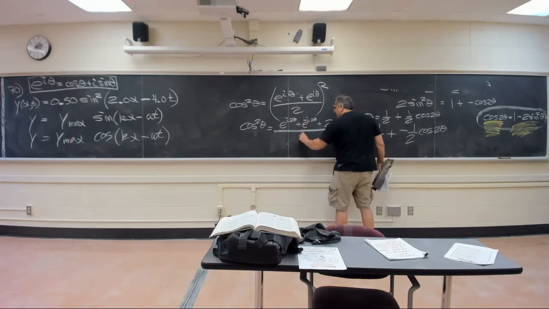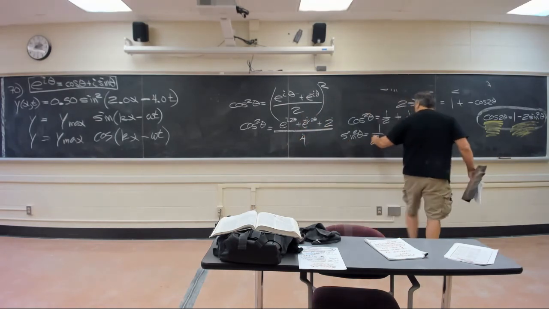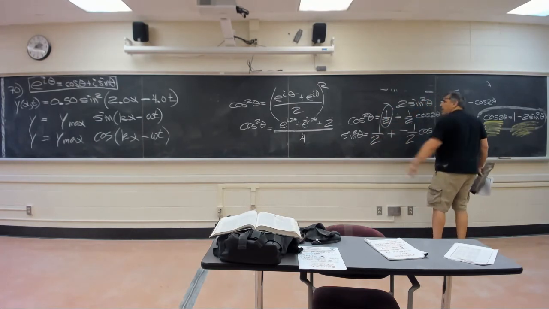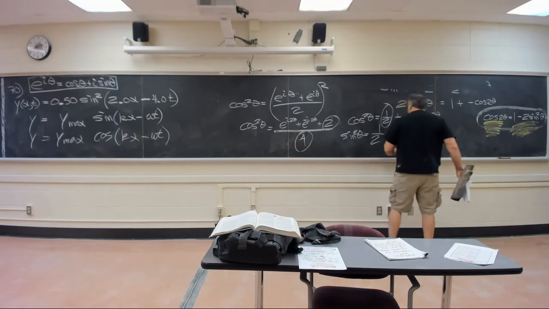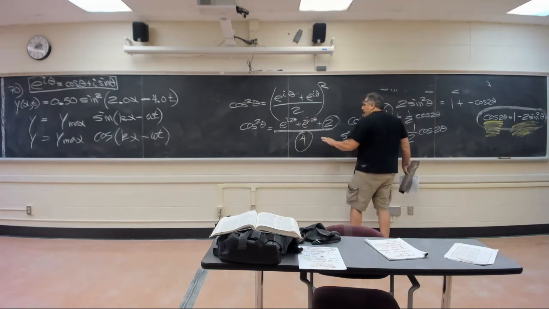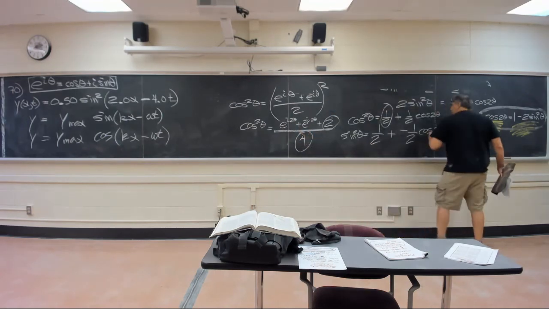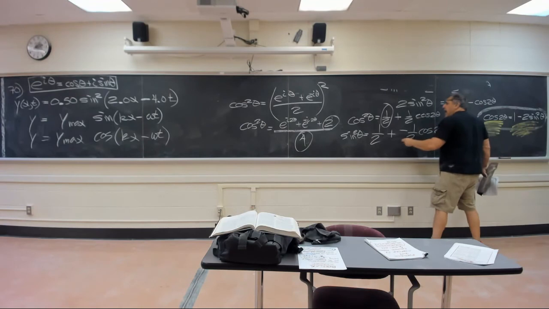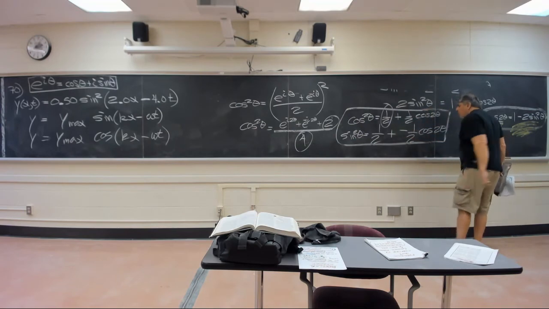Square the 2, you got 4. 2 divided by 4 is a half. The 4 going into here, well, just put a 2 into here, and that's the cosine of 2 theta. And then there's another 2 on the bottom. There's your 1 half. So this is true.